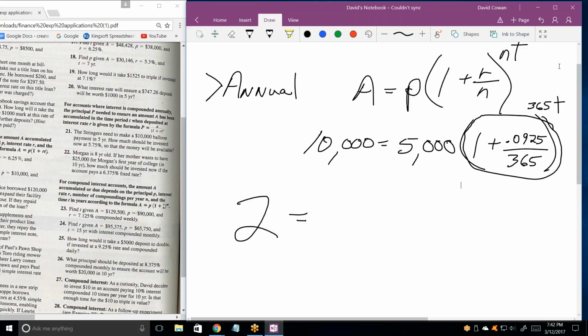So the easiest way to solve the next step is to figure out what that number is that I've got circled. In other words, that's not the easiest number to convert, even using your calculator. Go ahead and divide 0.0925 by 365. Tell me what you get. I can add the 1.